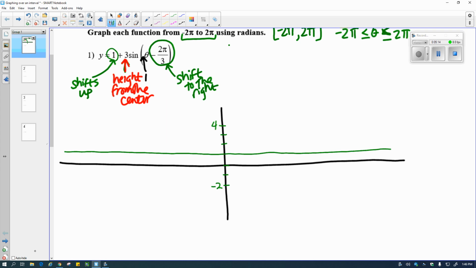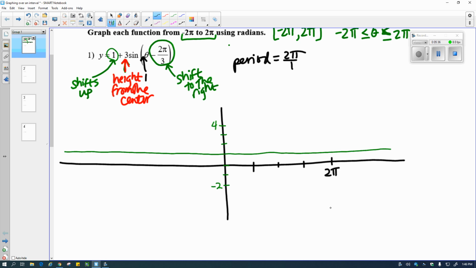Okay? Then I am going to next look at the period of this graph. And so the period of this graph is 2 pi over 1. Well, that works out kind of nicely for this first one because I want to graph it from -2 pi to 2 pi.